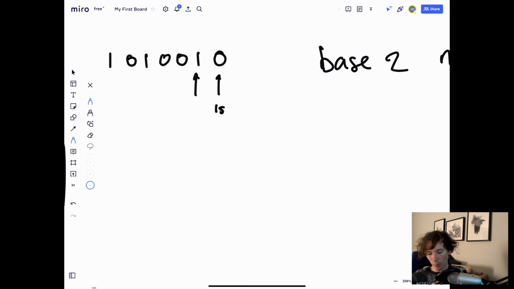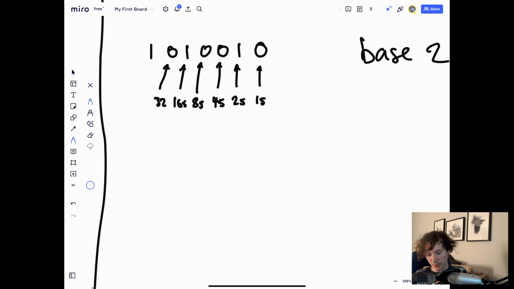This is going to be the number of 2 times 1, so 2's. This is going to be the number of 2 times 2's, which is 4's. This is going to be the number of 8's. This is going to be the number of 16's. This is going to be the number of 32's. And this is going to be the number of 64's, because every single time I go up a digit, I look at what the last digit represented and I multiply it by 2.